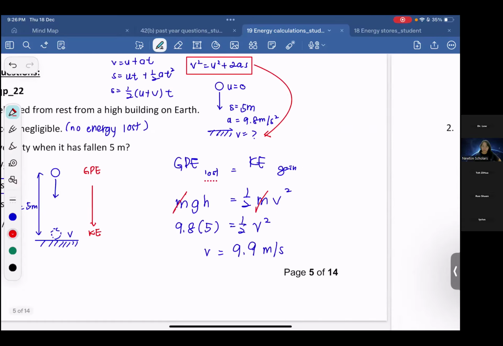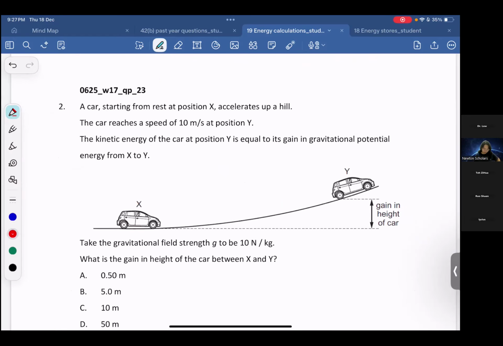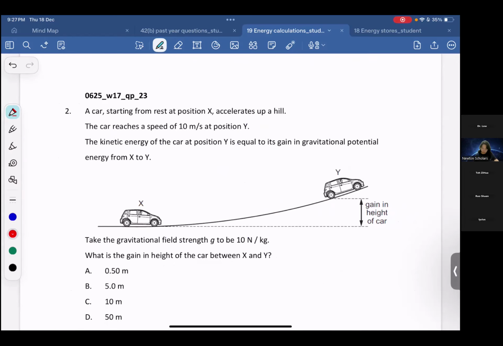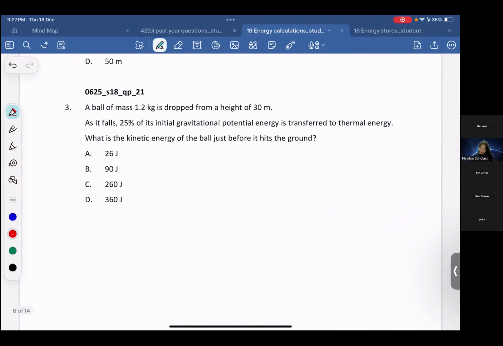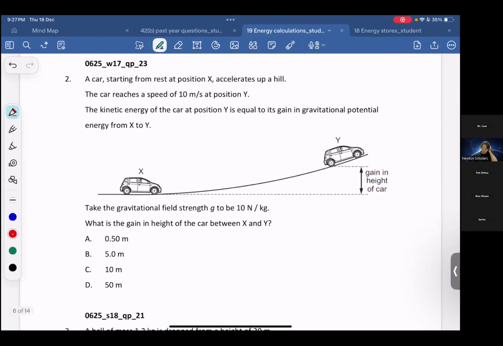Okay, question number 2. A car starting from rest at position X accelerates up a hill.